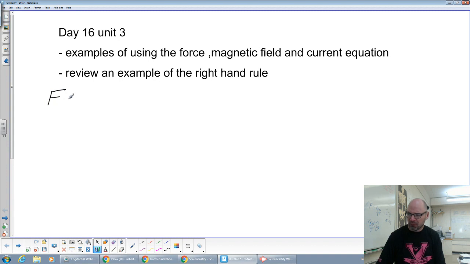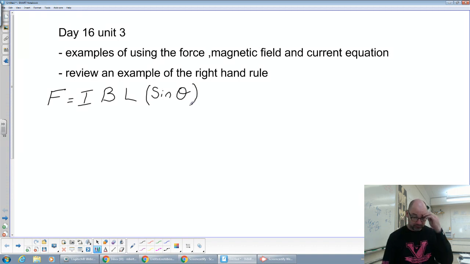And that equation that we had was F equals the current times the magnetic field times the length of the wire, times the sine of the angle between the current flow and the magnetic field.